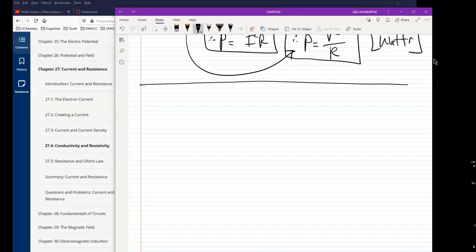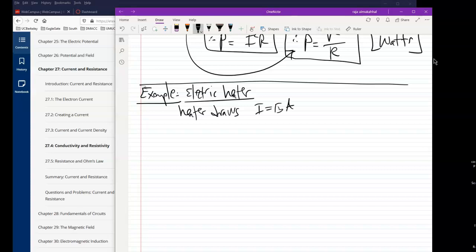Here's an example that is related to one of the homework problems. The subject of it is an electric heater. I'm not going to write it down because it takes too long. It says we have a heater here that draws a steady current of 15 amp on a 120 volt line.